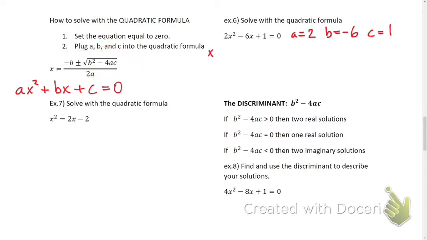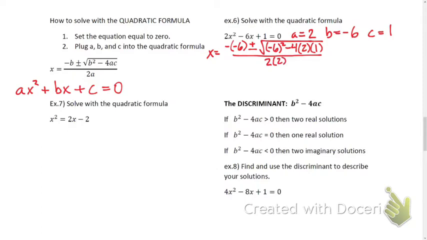All right, so we know x equals negative b, which is negative 6, negative 6, plus or minus the square root of b squared minus 4 times a times c, all over 2 times a, which is 2.